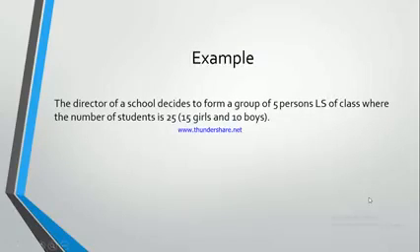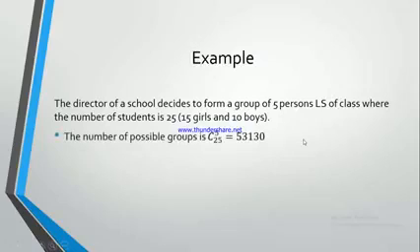For example, the school principal decides to form a group of 5 students from the life science class, where the number of students is 25. So we have 15 girls and 10 boys. The number of possible groups that the school principal can form is 25 choose 5, which is equal to 53,130.